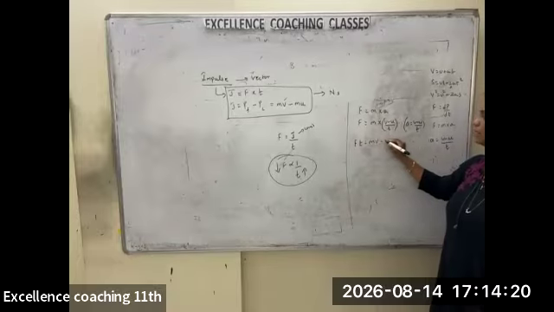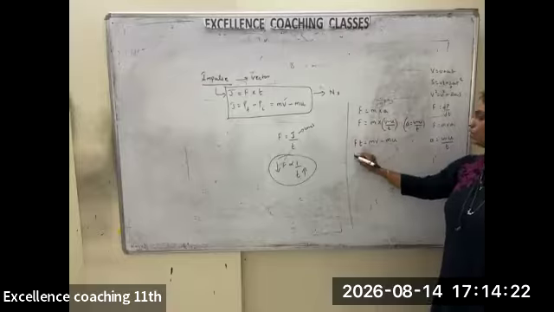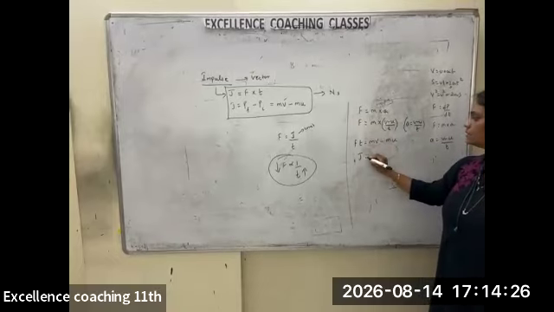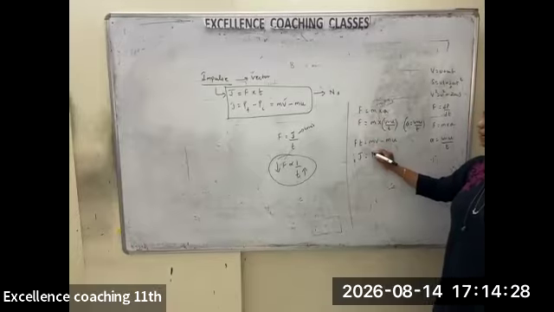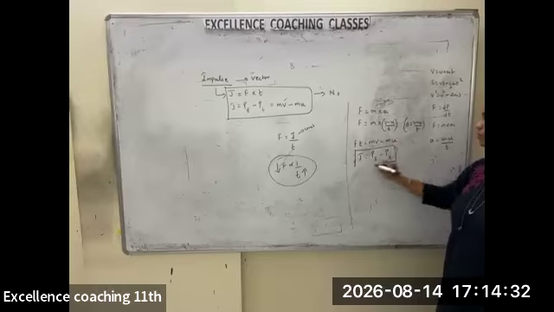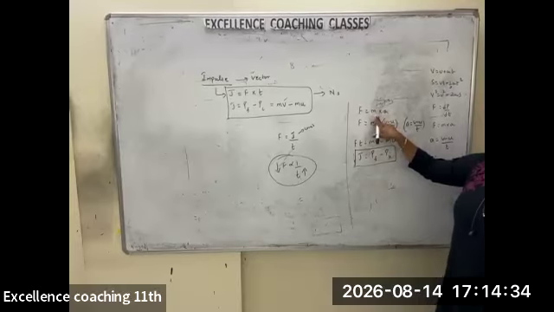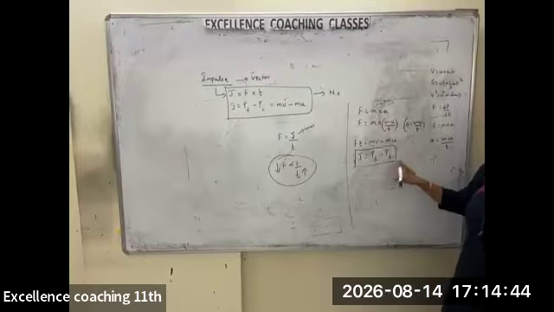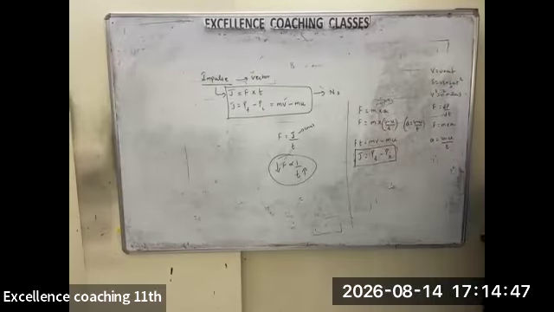So what will it be? MV minus MU equals F into T. What is F into T? Impulse. What is MV? Final momentum. What is MU? Initial momentum. Hence, from our second law of motion force formula, we have proved that impulse is final momentum minus initial momentum. Okay, solve. Now write.